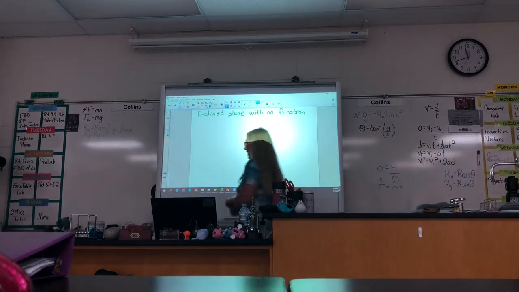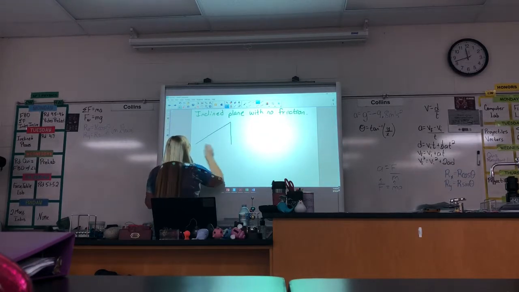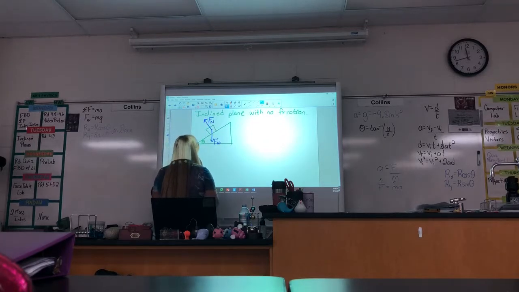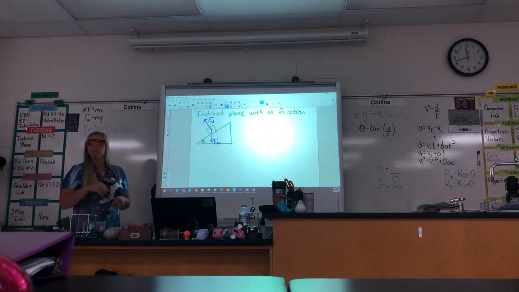And as you're finishing that up, I'm going to draw the diagram myself. How many forces did you have on your free body diagram? Two. Two. Good job.